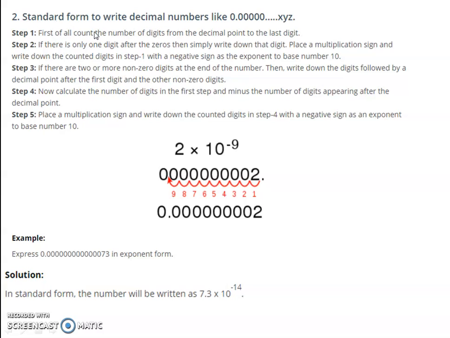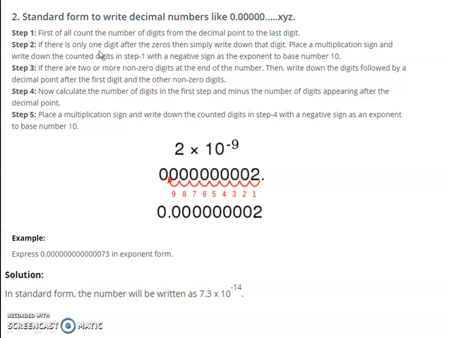Here the decimal point is here, so we'll count from this decimal point: 1, 2, 3, 4, 5, 6, 7, 8, 9. 9 digits are there.